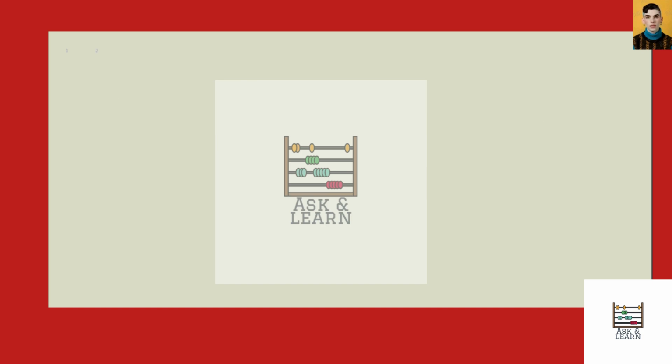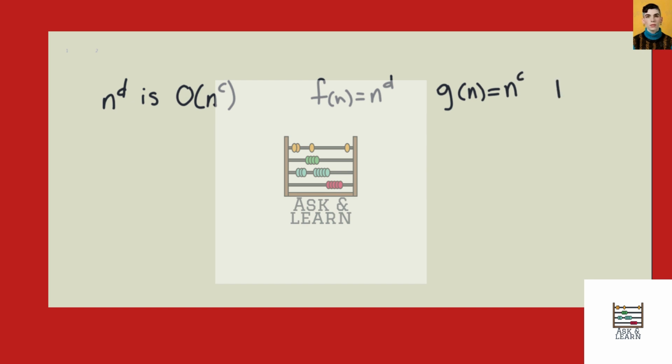So we'll start by proving that n to the power of D is big O of n to the power of C. Okay, so we'll let function f of n be equal to n to the power of D, and our g of n will equal n to the power of C. All right, then we'll just let k equal 1 and take n greater than k.